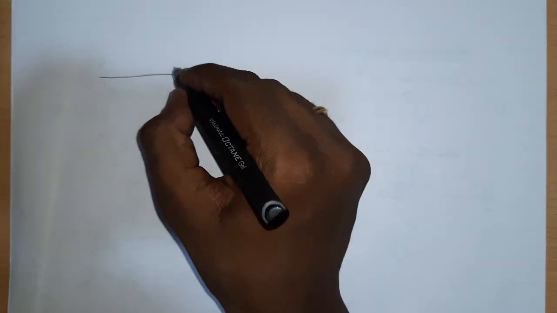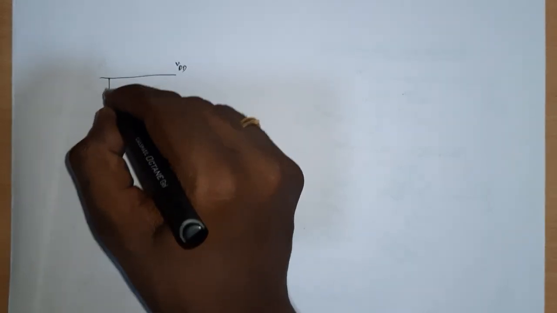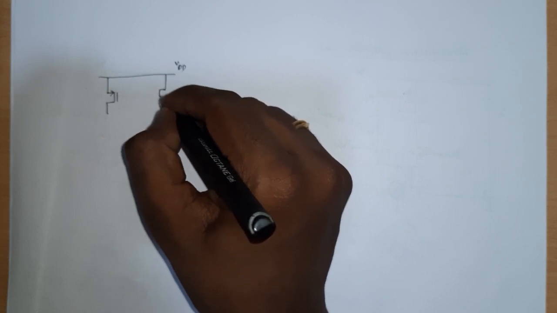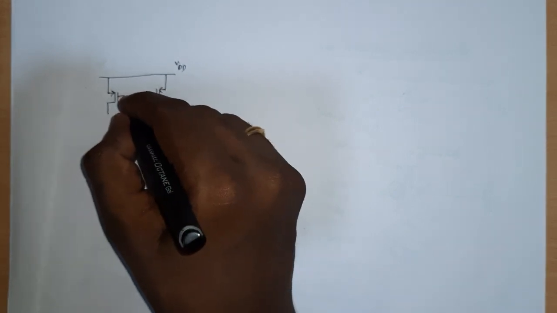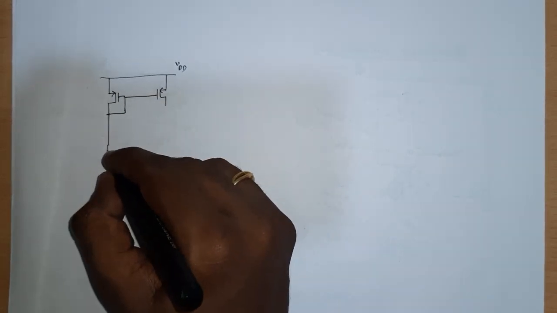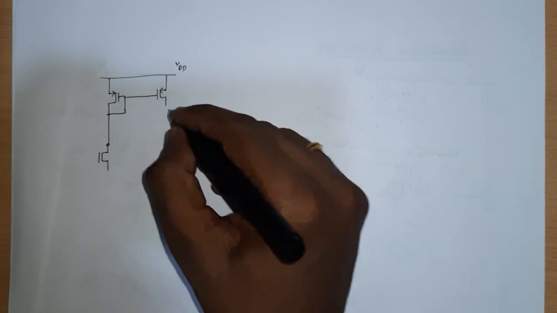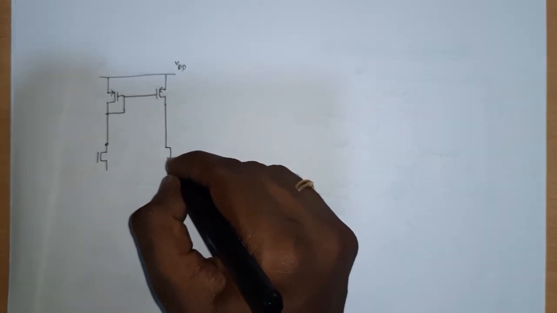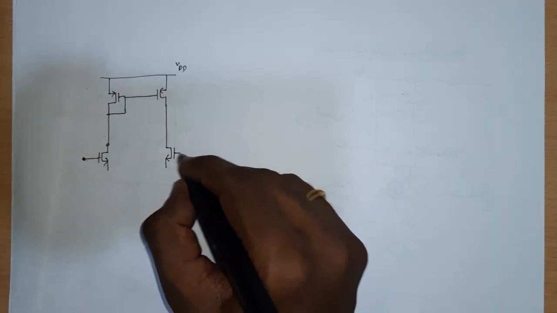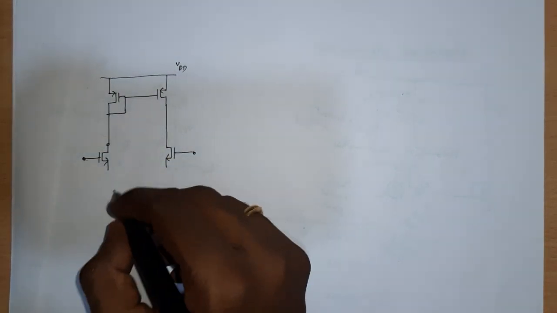So what I mean by that is, let me first put down the differential pair with active load. This is my VDD line, and I have my PMOS transistors that will form the current mirror, and then I have my NMOS transistors where I'll give my incremental signals.